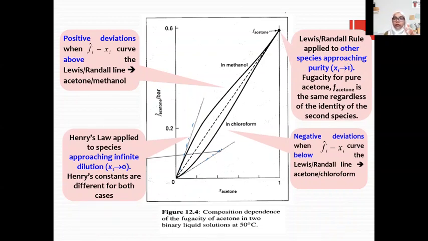That means if we have a binary solution where the composition of the acetone is near 1, it follows the Lewis-Randall rule.